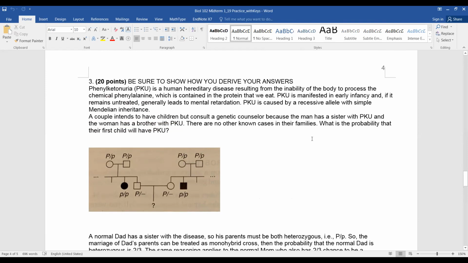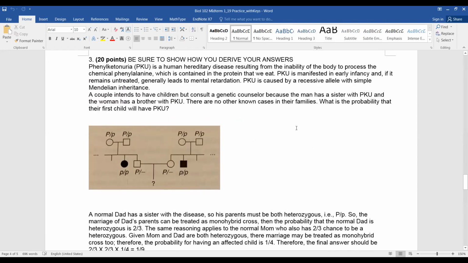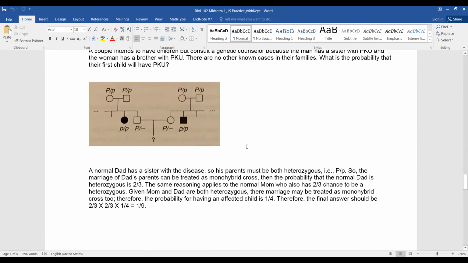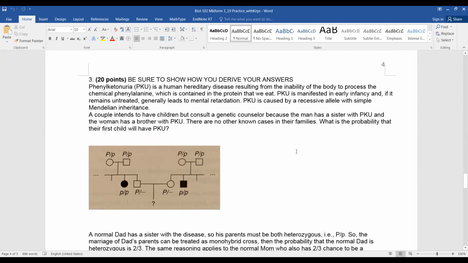So this is a typical problem. Of course, I will give you a different situation. But if you understand what is going on here, and if you can successfully get the right answer, then you should not worry about the midterm next Tuesday.